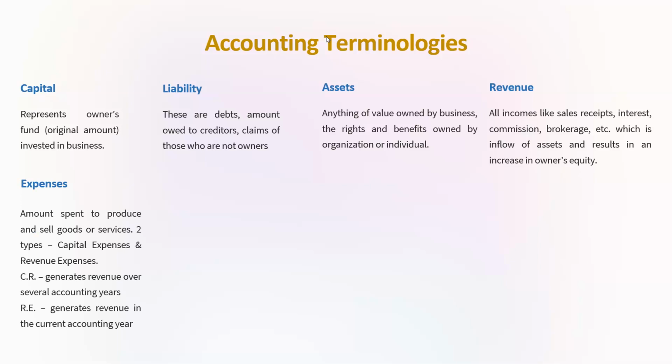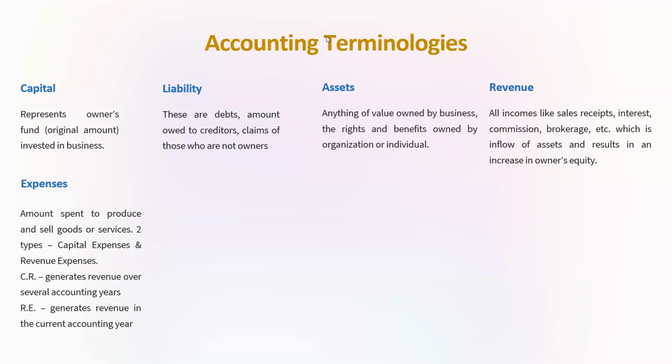And then expenses, that is whatever amount is spent to produce or sell the goods, even for marketing and other purposes related to the selling of goods, and not any other expenses. So related only to the selling or production of goods or procuring raw materials.